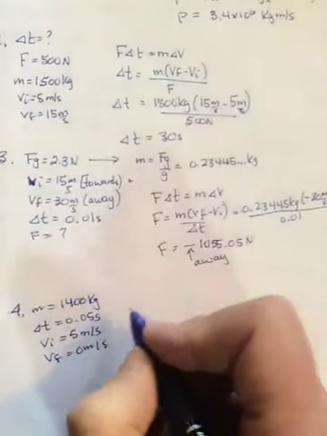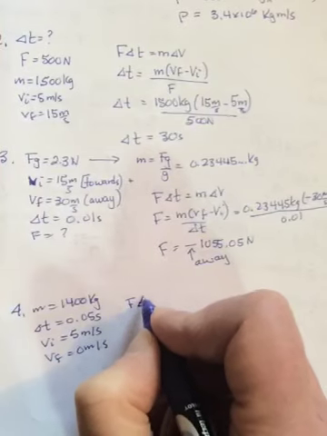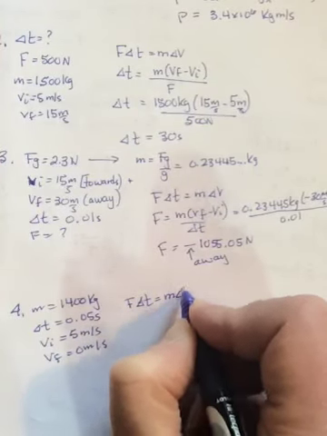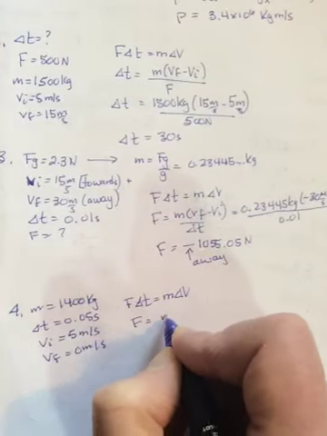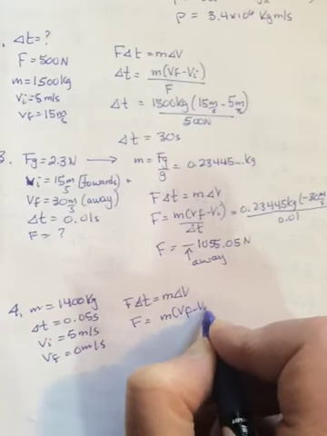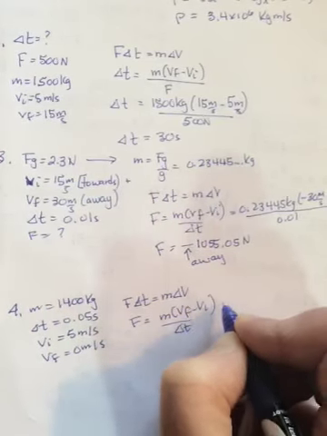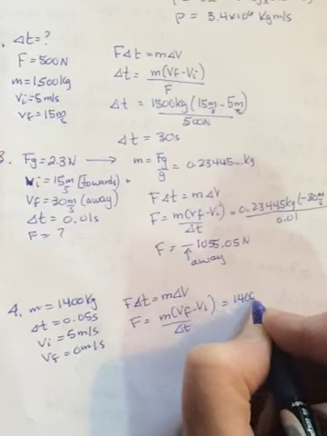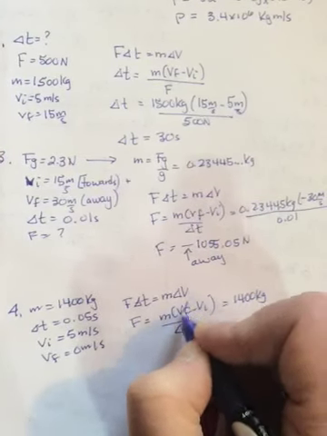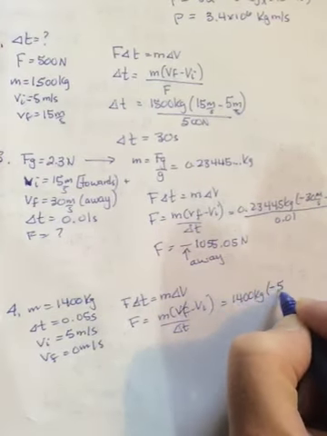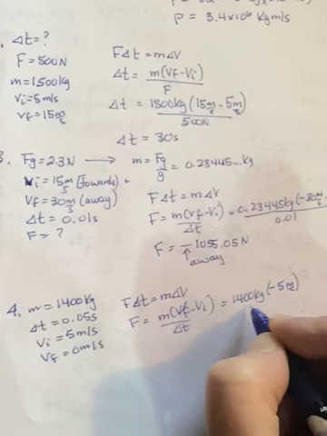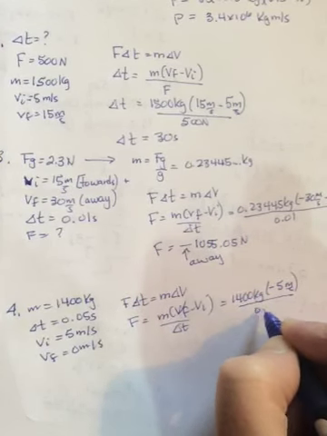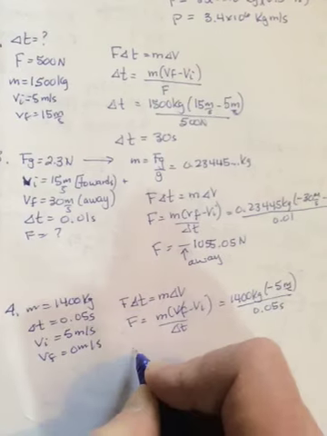What is the force that the wall must put on the car? So F delta T, M delta V. So F equals M VF minus VI over delta T. So 1,400. It stops, so this goes to 0. Negative 5 meters per second. And we're dividing by 0.05 of a second.